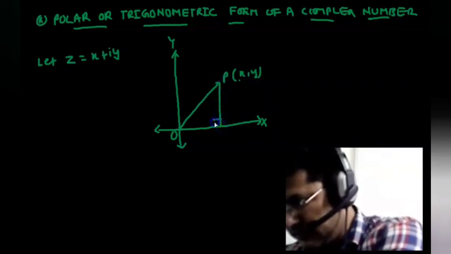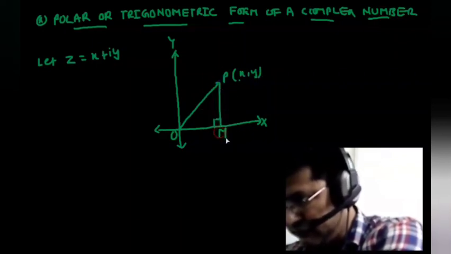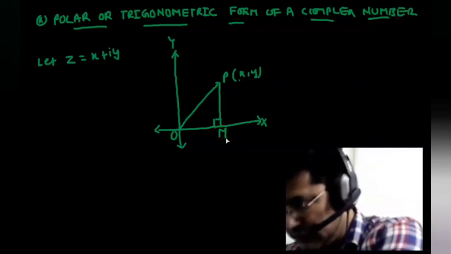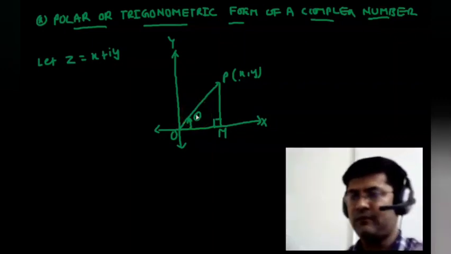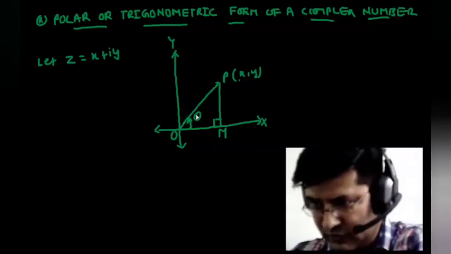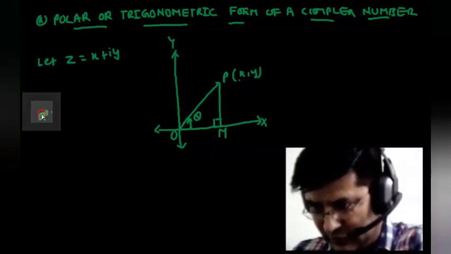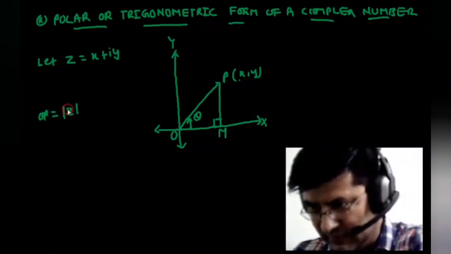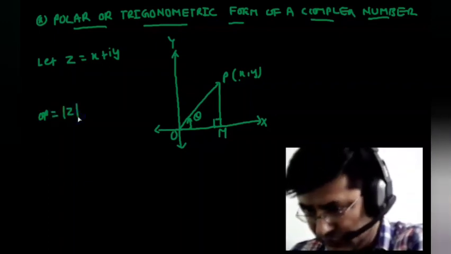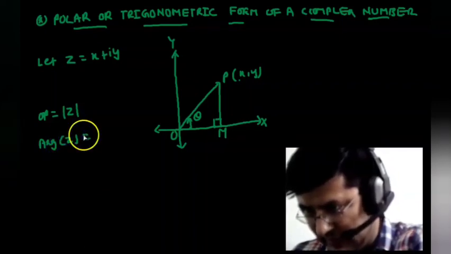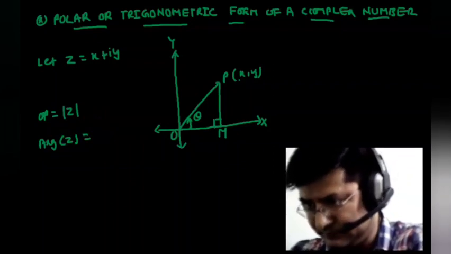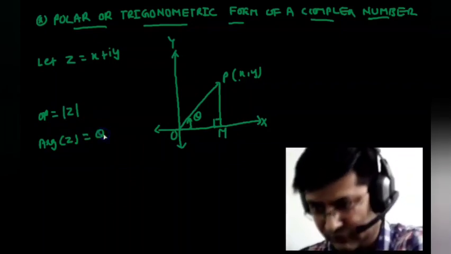Let us draw a perpendicular PM from P, and an angle of inclination, that is argument, we will take to be theta. We know that length OP is given by modulus of Z, and argument of Z is given by theta. Clear?